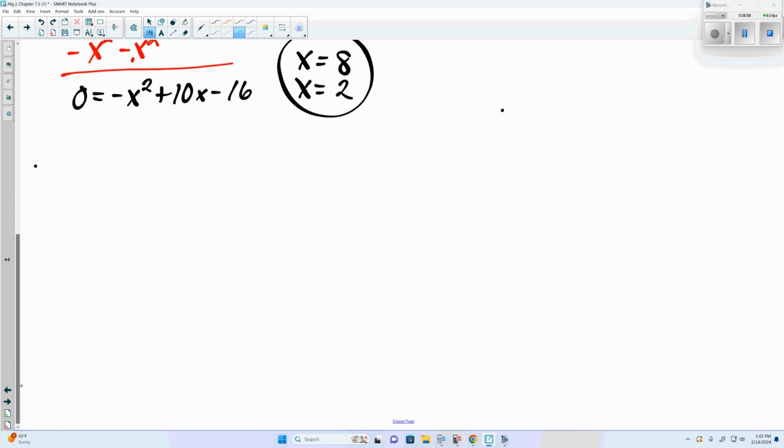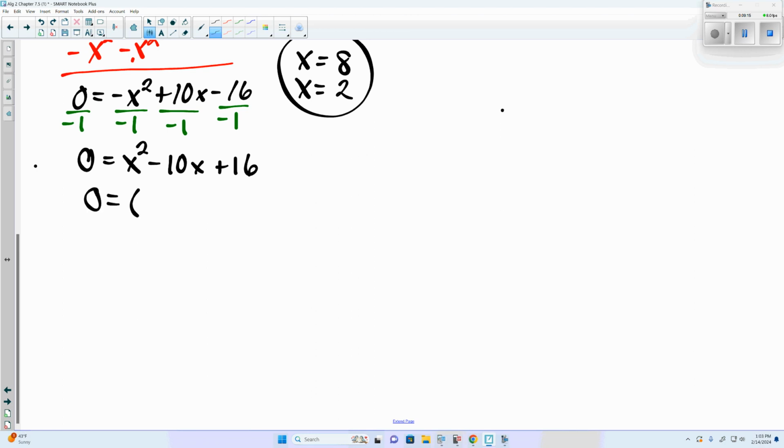Now, if we wanted to factor it, we would need this first term to be positive. So we can multiply or divide everything by negative 1. Because it would give us this here. Now, if we factor this, 2 sets of parentheses with 3 spaces. Since the third term is positive, the signs are the same.